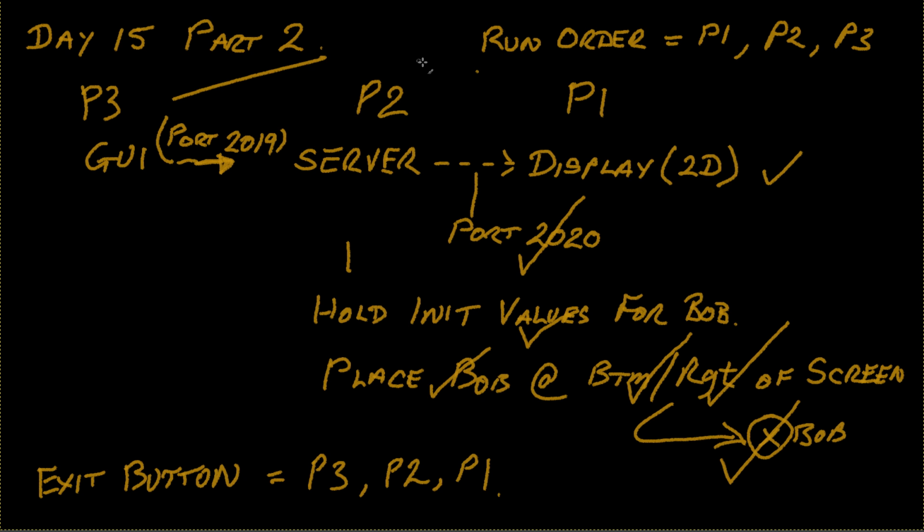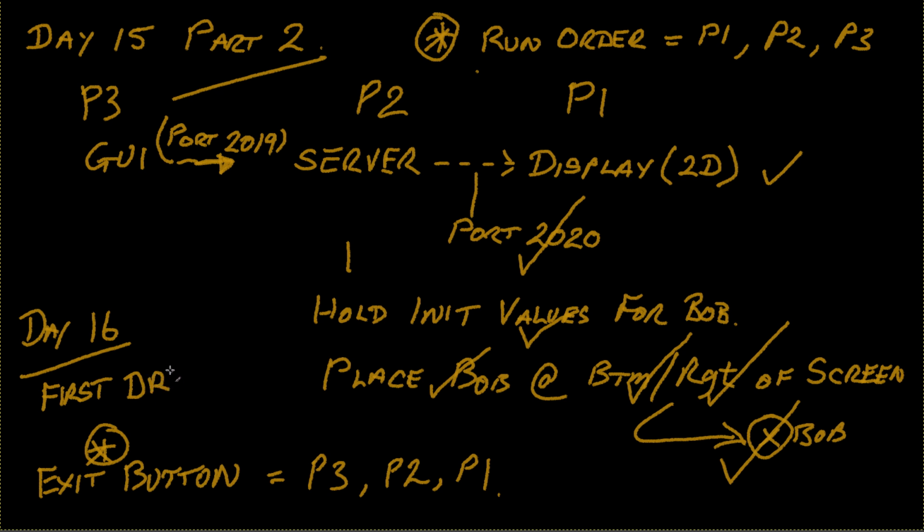What we need to try now is the run order and the exit button. So that's going to be day 16. Tomorrow. Good God, 4 weeks. First dry run. There we go.